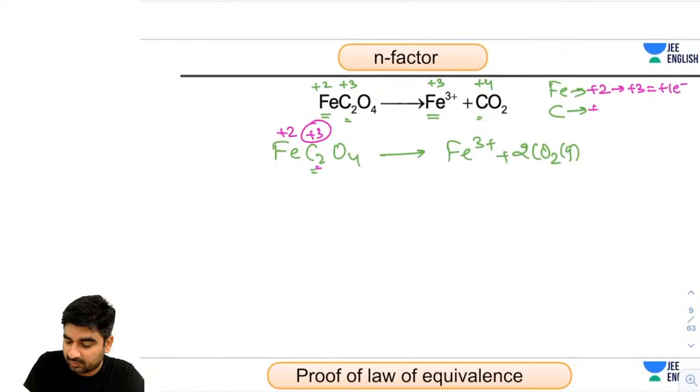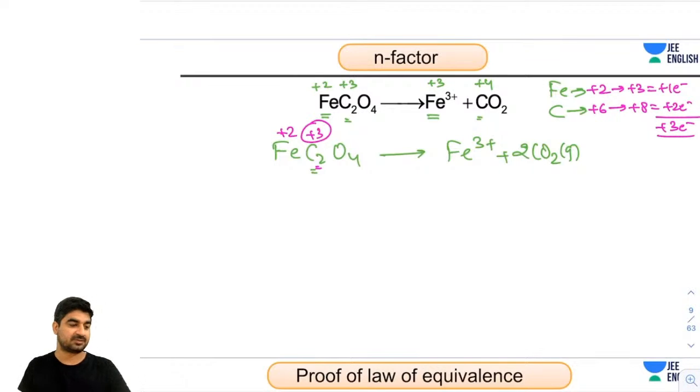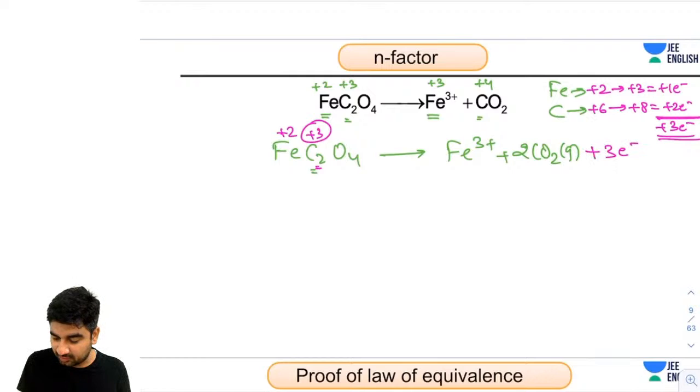So on 2 carbon it will be having +6, +8, +2 electrons, so there will be 3 electrons, right? So there is net loss of 3 electrons, it is basically oxidation half.